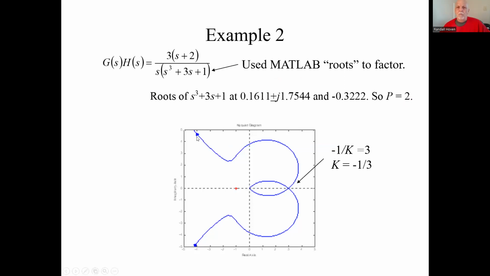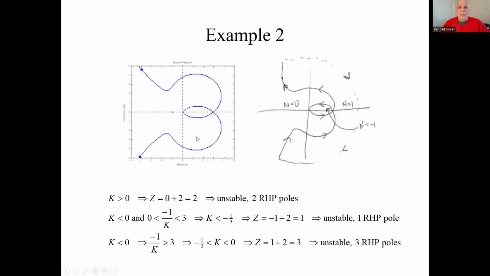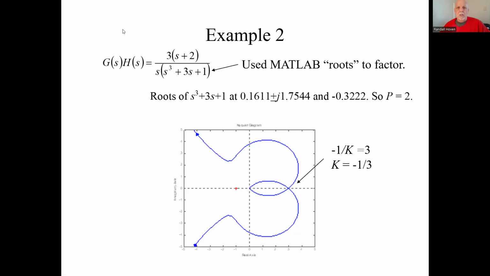Let's see. Before I draw it, let's think about this. That's one pole at the origin. So I'm going to have a half circle, or 1 times 180 degrees. It's going to go in the clockwise direction, always clockwise. And it follows the direction consistent with the finite part of the Nyquist plot.